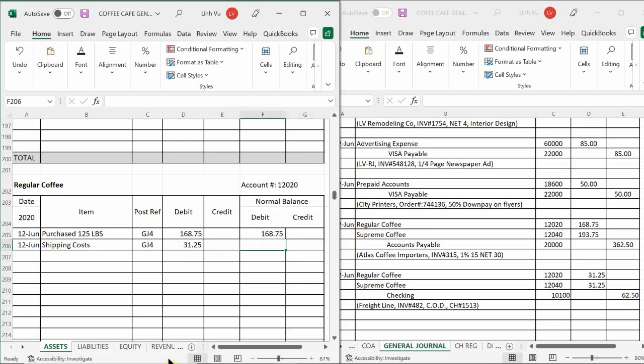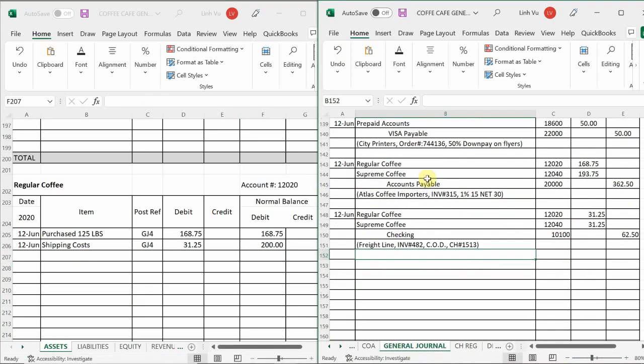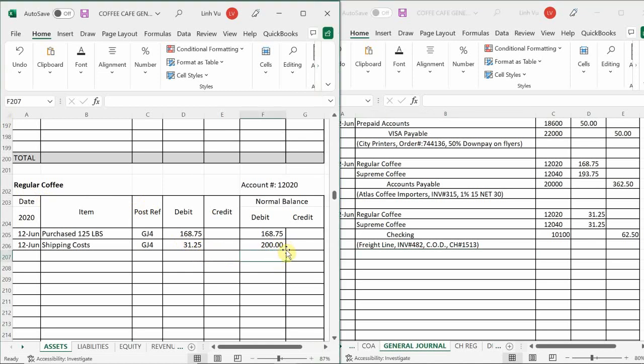That should give you a grand total for regular coffee of $200. And of course, we can drag my formula all the way down.